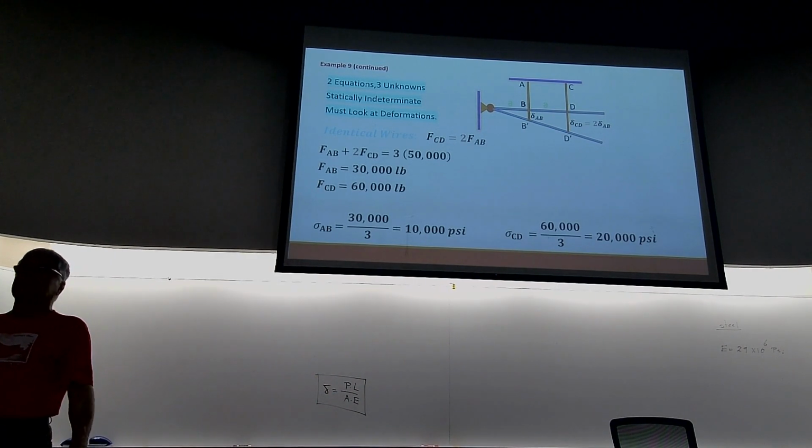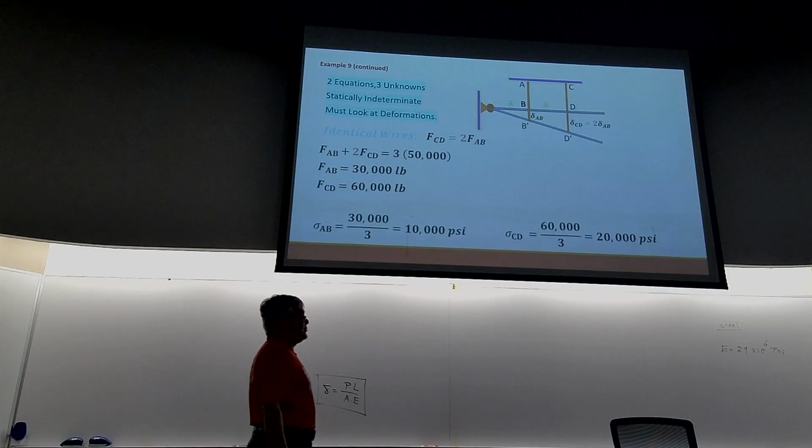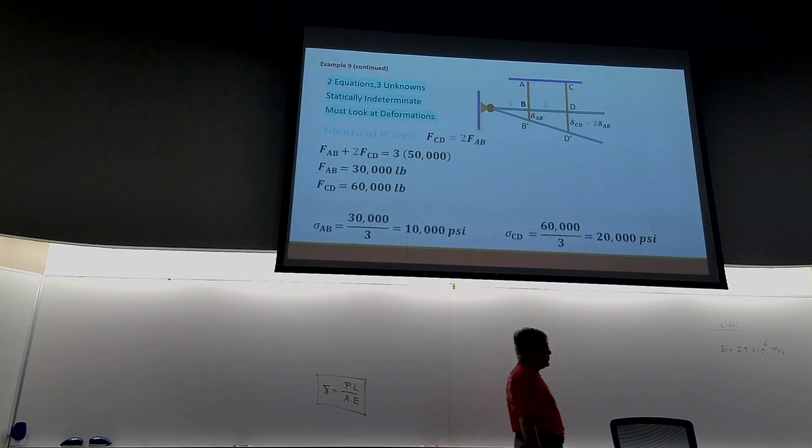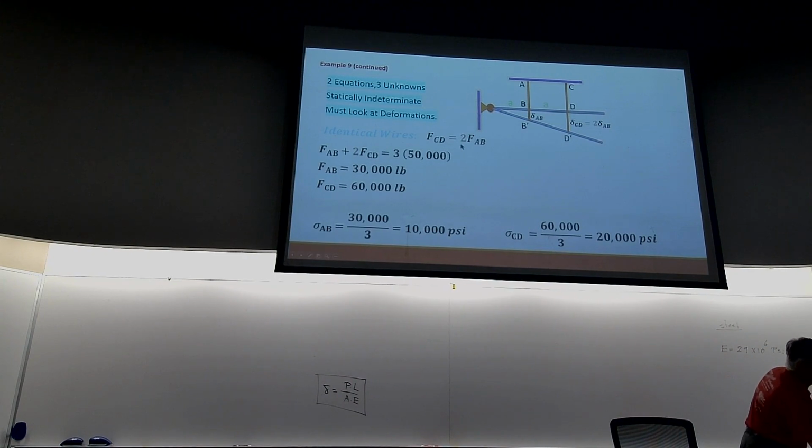The force in CD will be twice as big, right? Same material, same dimensions, lengths, cross-sectional area. If you wanted to stretch twice as much, the force in it must be twice as big. So there's your additional equation. FCD is 2 times FAB. This comes from studying deformations.